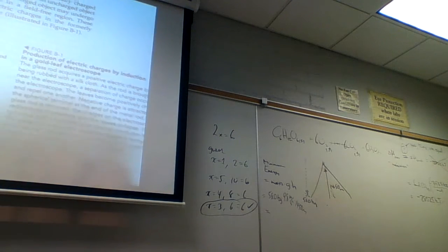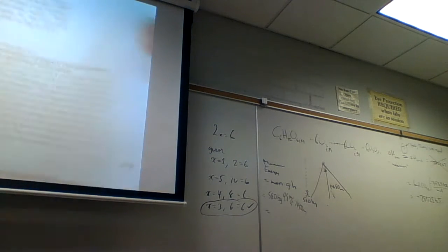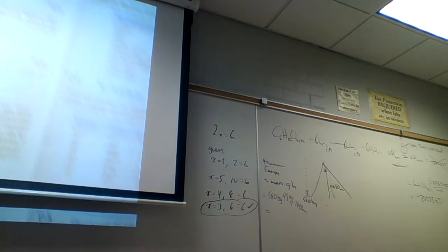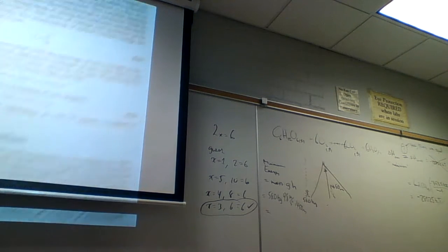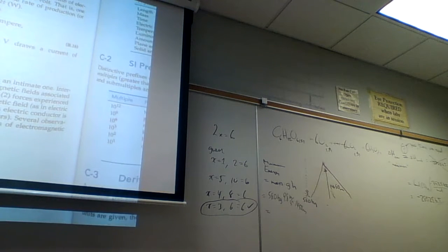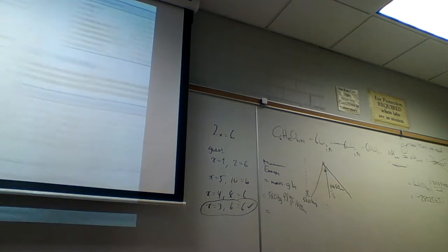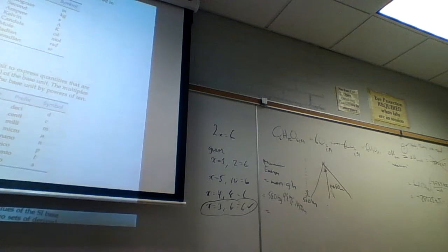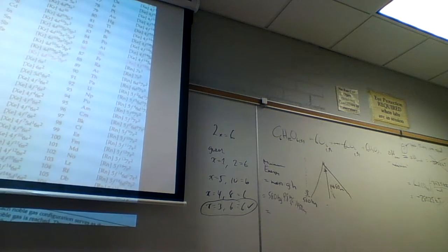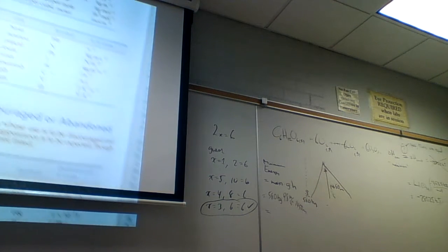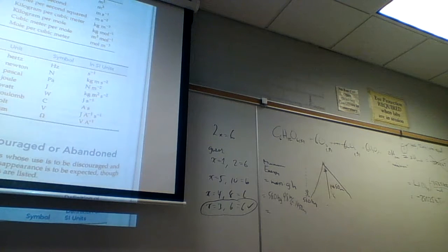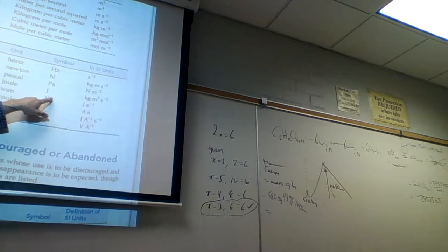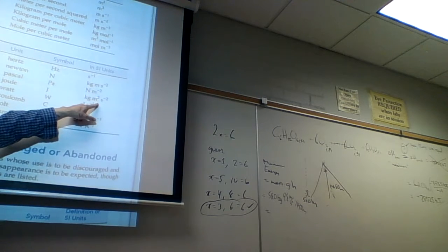An example here. Current, which we'll talk about in Chem 1B. Electromagnetism, which we don't really talk about much, but it's an important topic. SI units in Appendix C. Here is where you can find, if you ever forget, the definition of joule, which is kilogram meter squared per second squared.